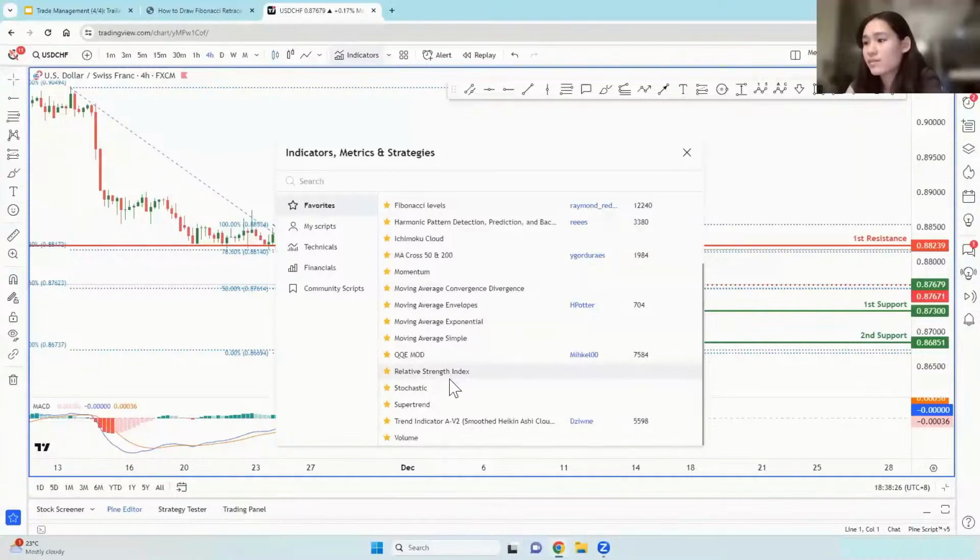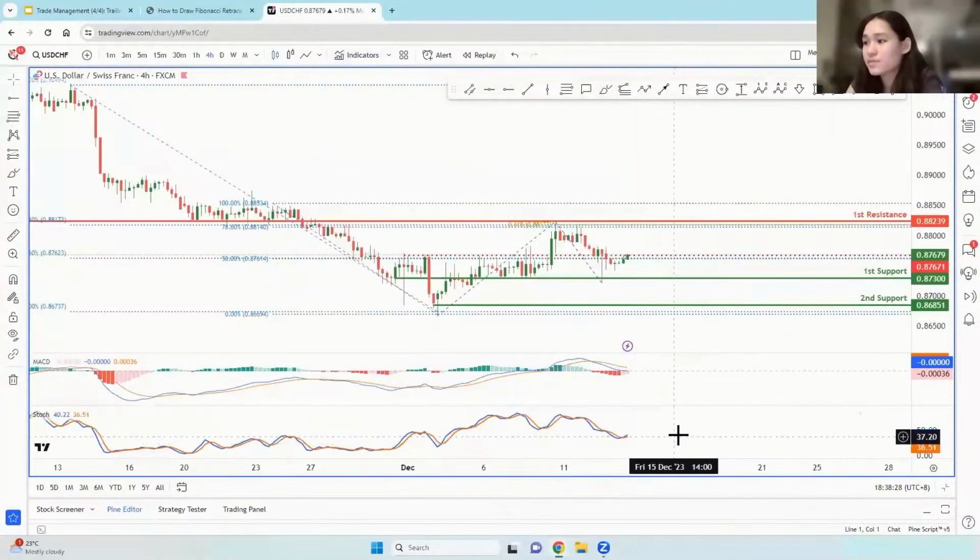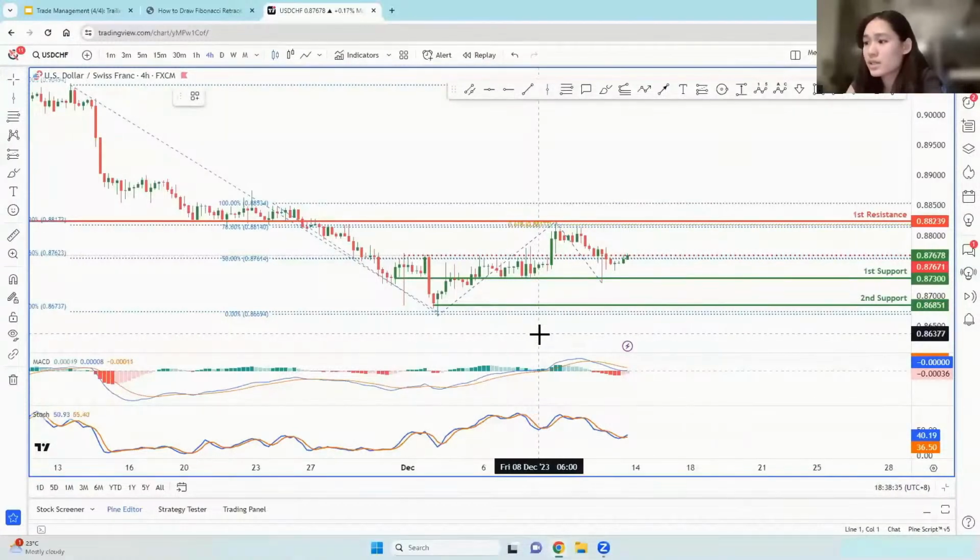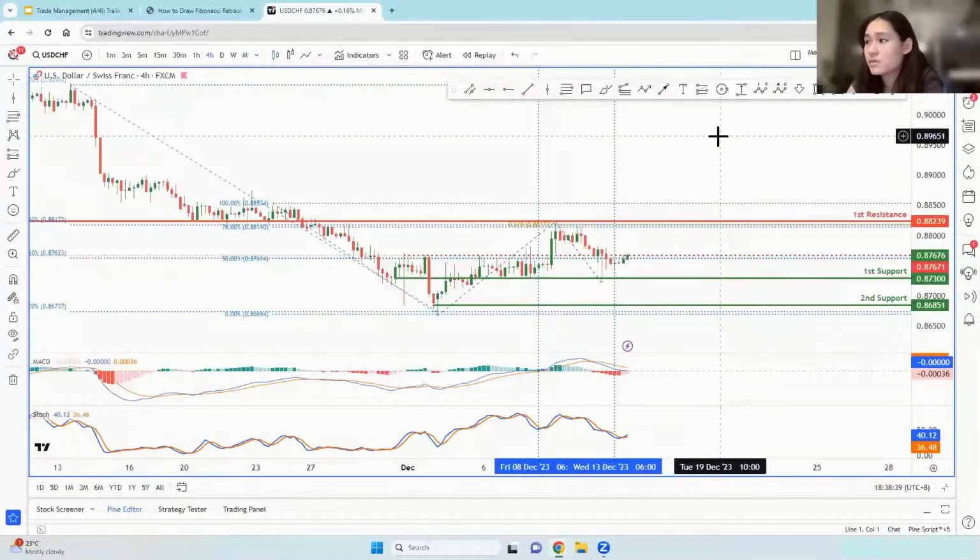Let's look at stochastic. On our stochastic, we are seeing a bearish divergence.